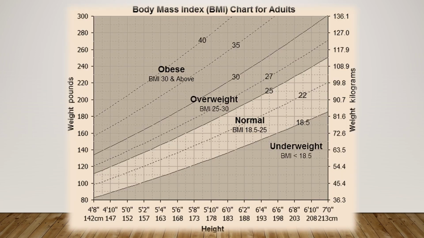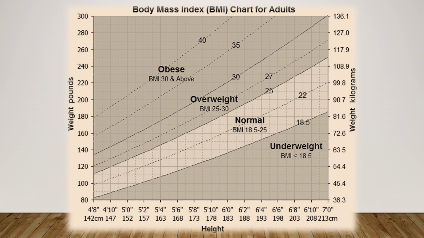As per this chart, let's take an example of somebody whose height is 5'4". If their weight is 108, they will fall under the obese category. Let's take an example where somebody's height is 6 feet and their weight is 81, then they fall under normal.